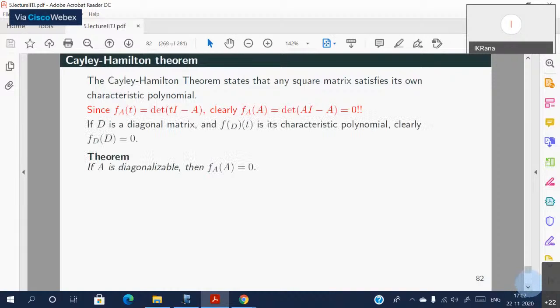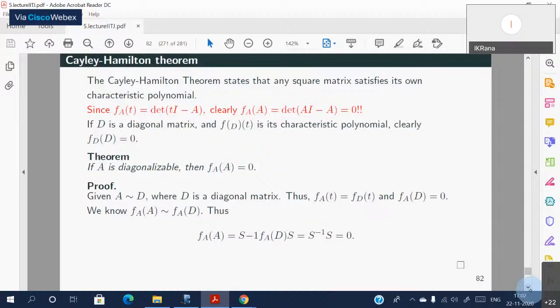For a diagonal matrix, it is obvious that it is satisfied. If A is diagonalizable, then also it is satisfied, because under similarity the characteristic polynomials don't change. So that is the advantage of diagonalizability: if you can make a matrix diagonalizable, then, since the theorem is true for diagonal matrices, it is true for it.